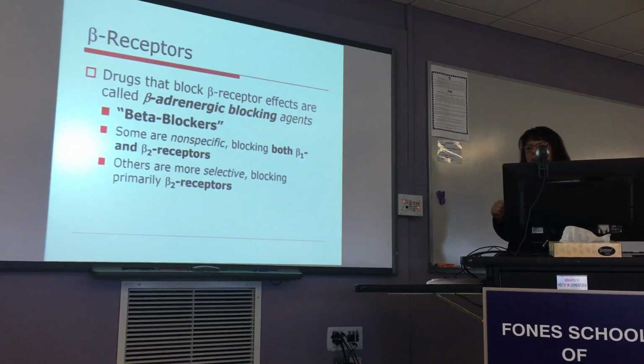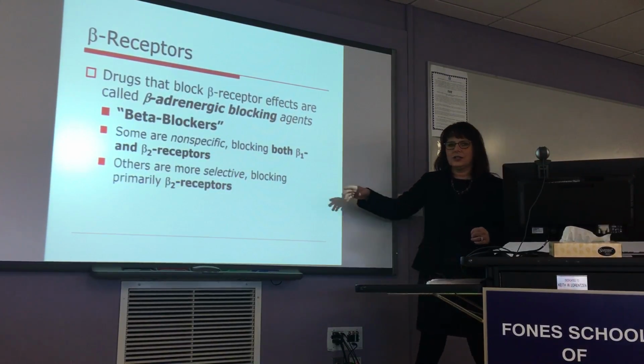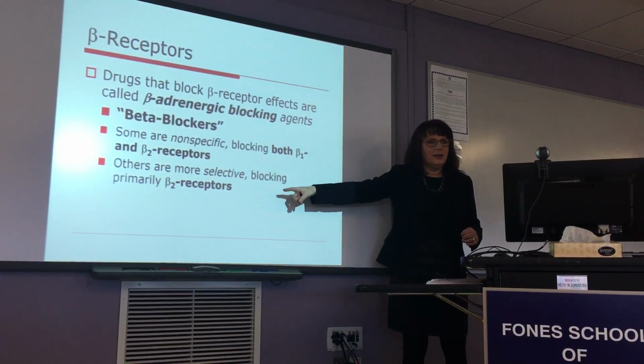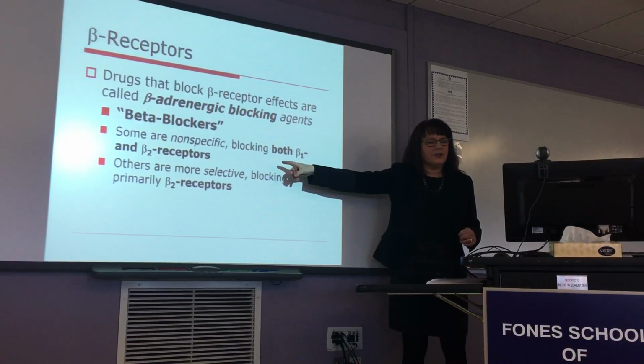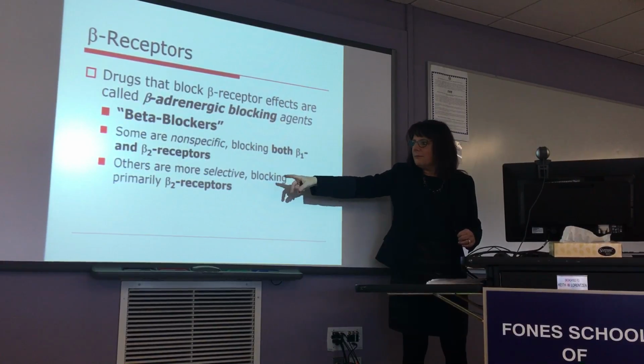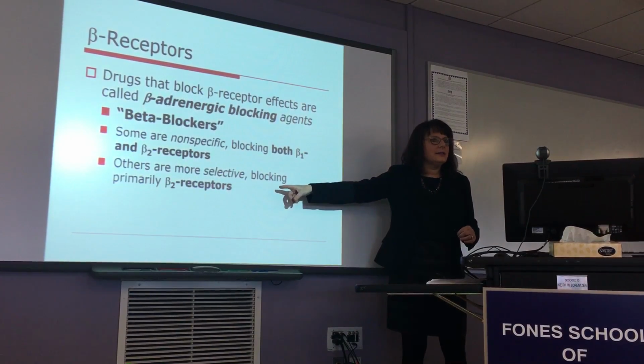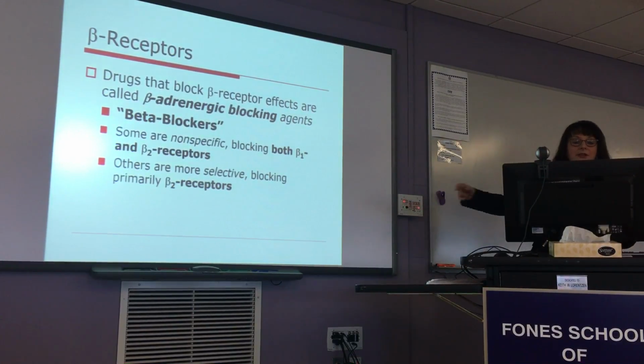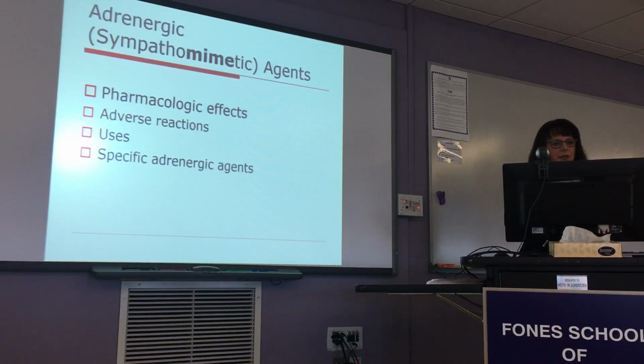So if you're giving an asthma medication and it blocks both of them, that wouldn't be good, would it? Because it's going to have a negative effect on the heart. So somebody with heart disease might want to take an asthma medication that is selective to the beta 2 receptors, so they can get the bronchodilation, but not get the vasoconstriction, right? See the selectivity, non-selectivity? Okay.